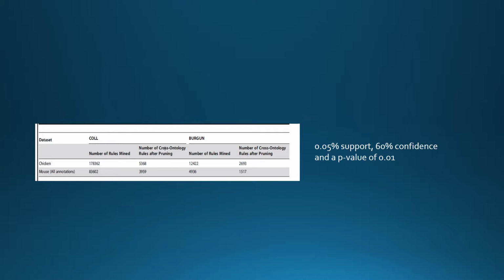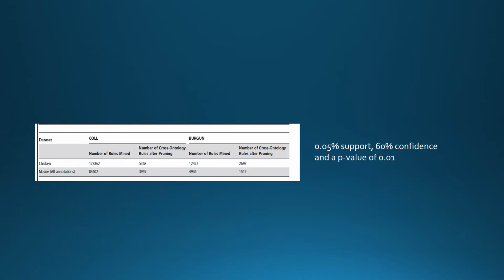Here we can see the number of rules mined using the two different algorithms. The first is the COLL that we have seen before, that's the cross ontology level by level, and there's one more that has been compared to, that is the BURGUN algorithm. So different rules have been mined. The first one, 17, it's more than 1 lakh.